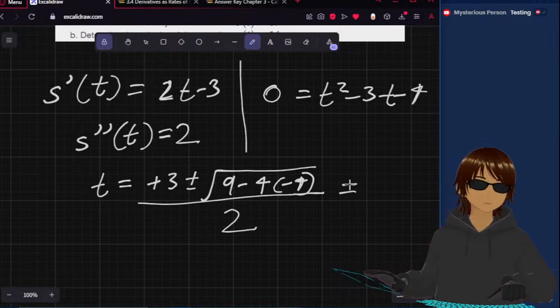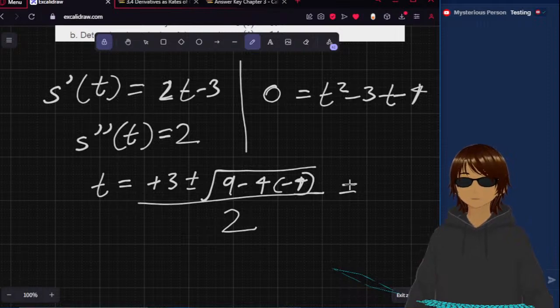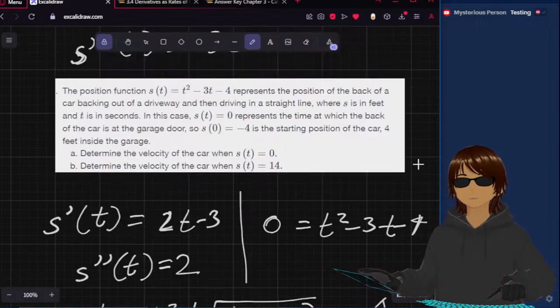I have a calculator with me. 9 plus 16. So it's minus 5 or plus 5. Plus 4. t has to be positive, right?